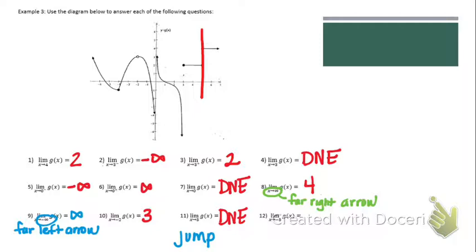All right, look at -5. See if you can get that one. Okay, so let me draw my little wall in.